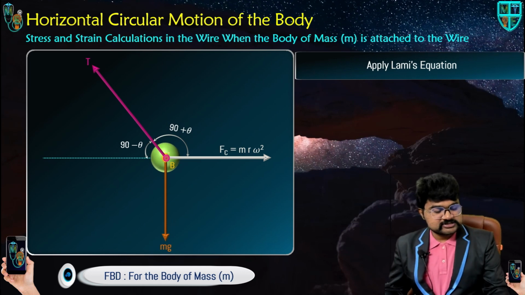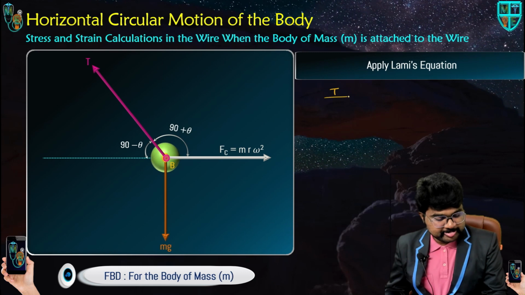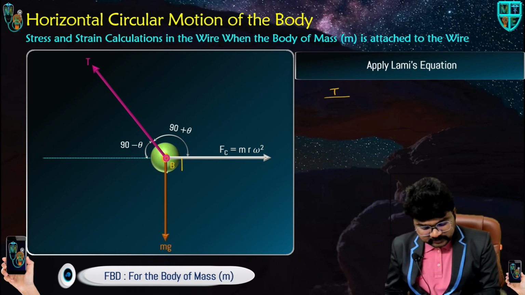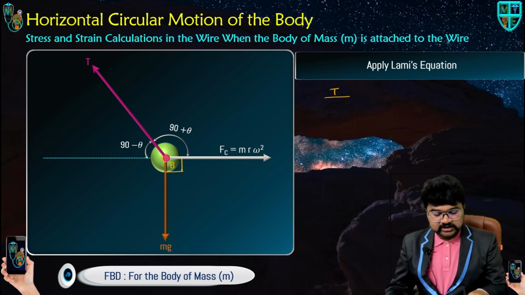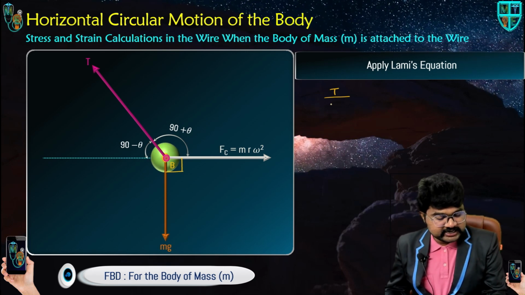You can apply Lami's equation here. T by, what is the angle between the other two forces, FC and mg? This is 90 degrees.